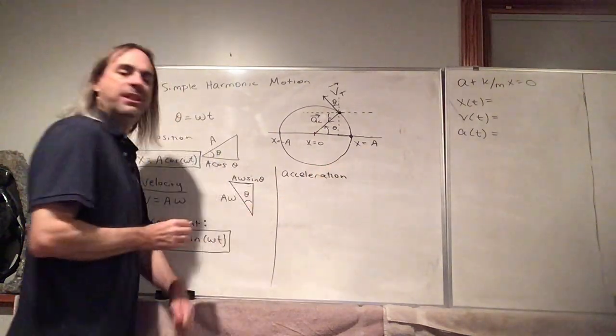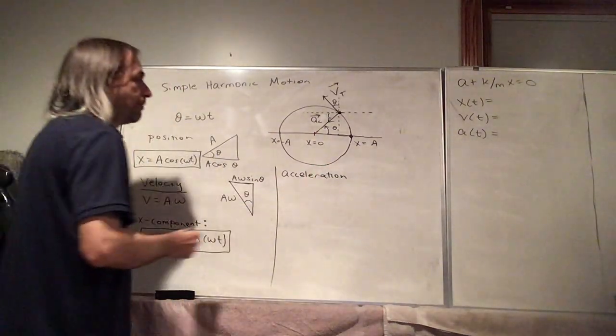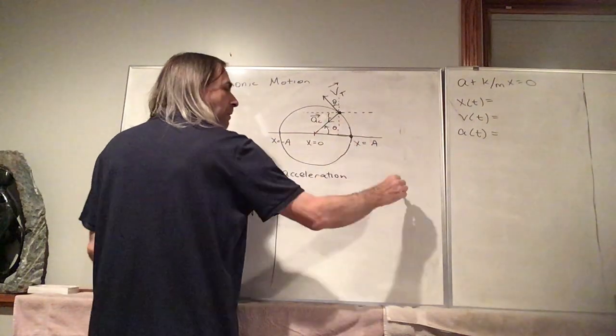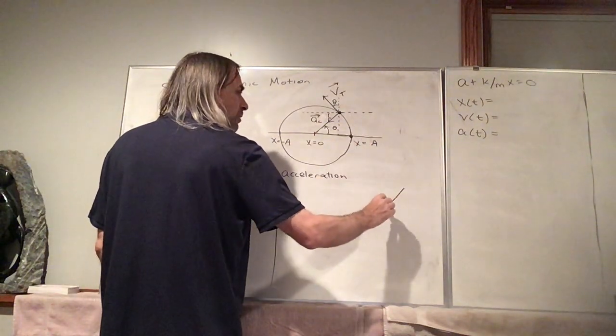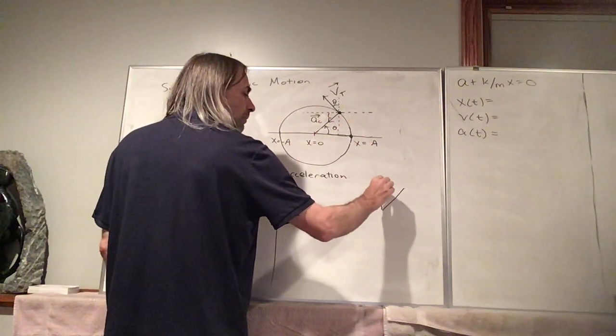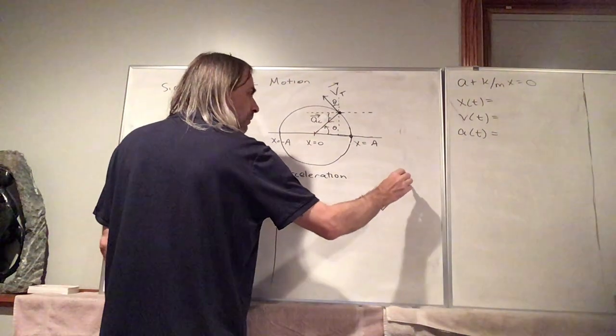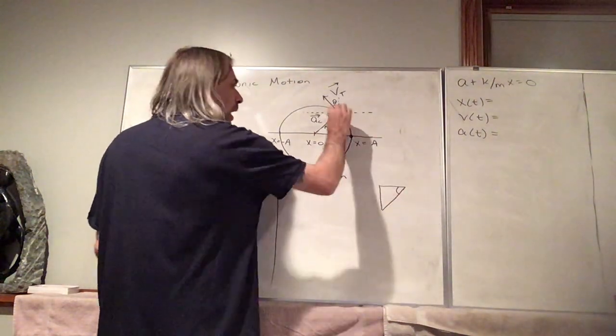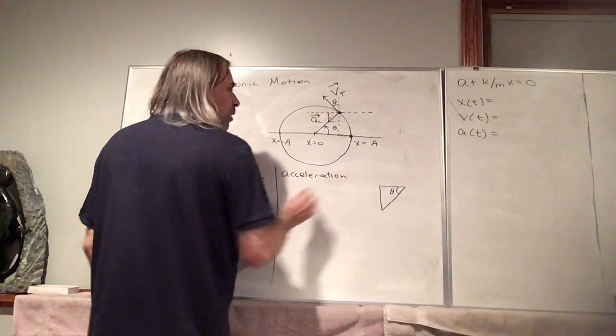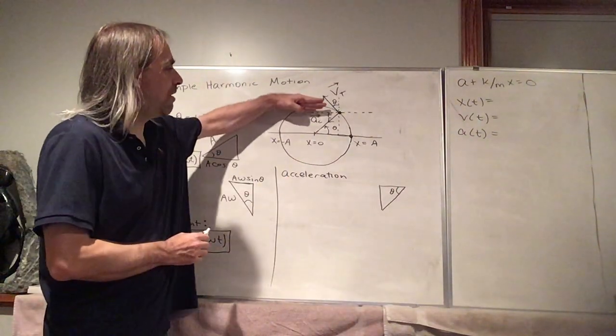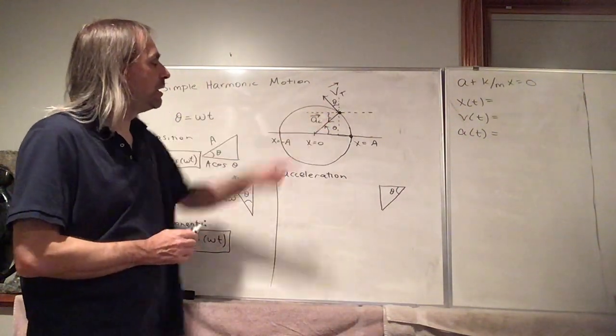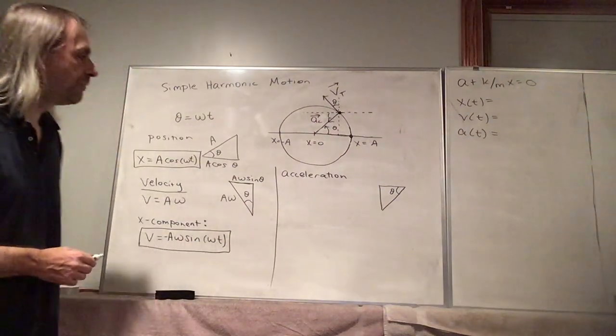And yeah, we're focusing on the x components here. So the acceleration vector is pointing in this direction. So this angle is theta as well. This line is parallel to this line, so those two angles are equal.